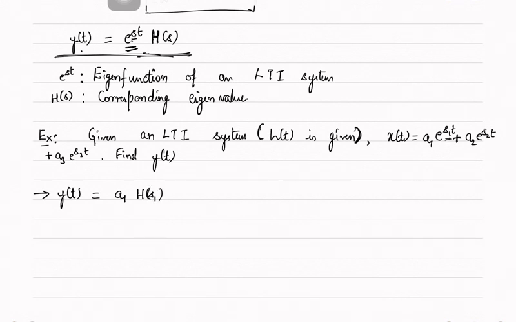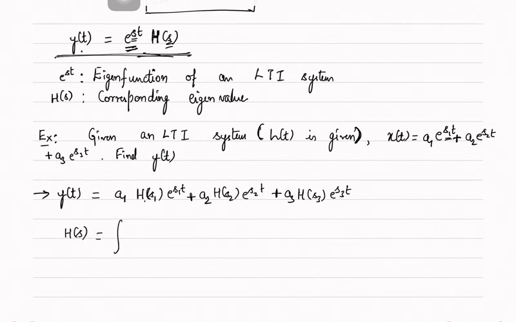Here the number was dependent on s, so now if s is equal to s1, the number depends on the value of s1. So y of t is a1 h of s1 e power s1 t plus a2 h of s2 e power s2 t plus a3 h of s3 e power s3 t.